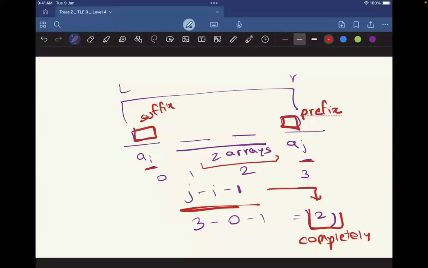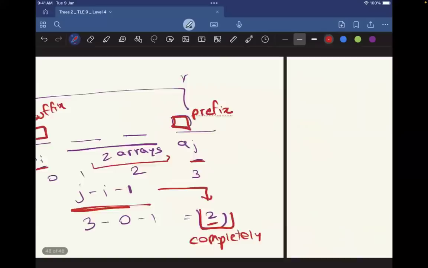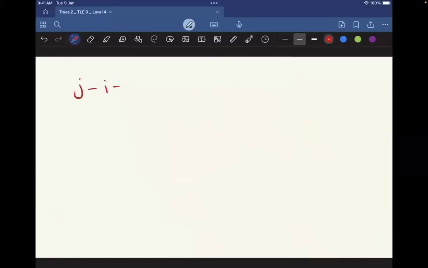Tell me, guys. Is this clear for everyone? So if this is clear for every single one, then let me ask you all that for this J minus I minus 1, do you agree I can just multiply the sum of the array?